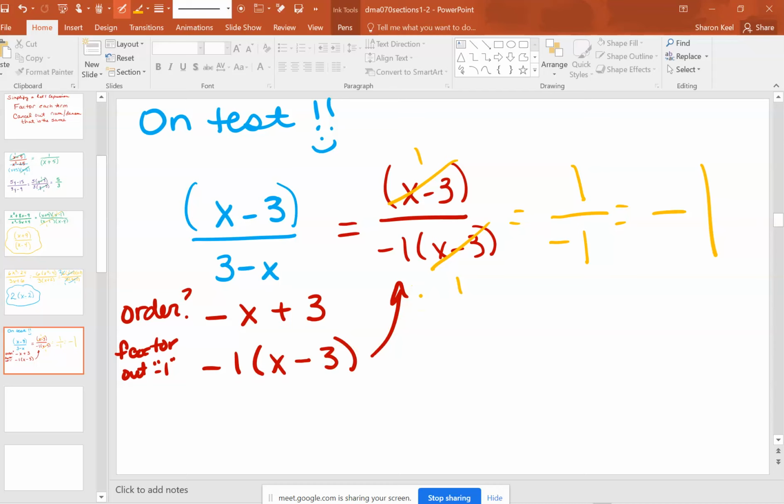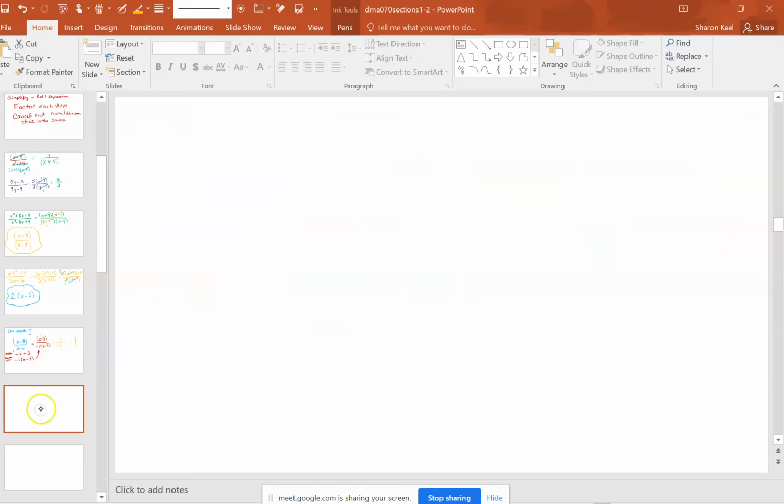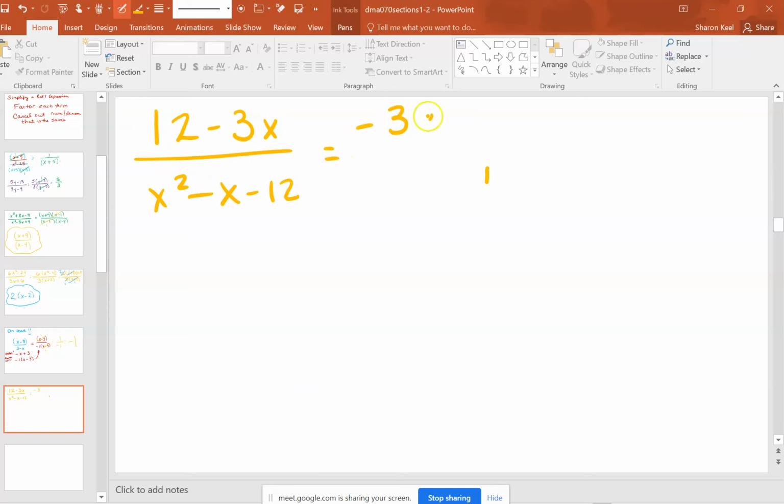If you flip over to page 7-12, we'll do one of those there as well, because they have a denominator that's not in the right order. Actually, I'll do number 13. We have 12 minus 3x over x squared minus x minus 12. So in the numerator, that would be negative 3x plus 12.